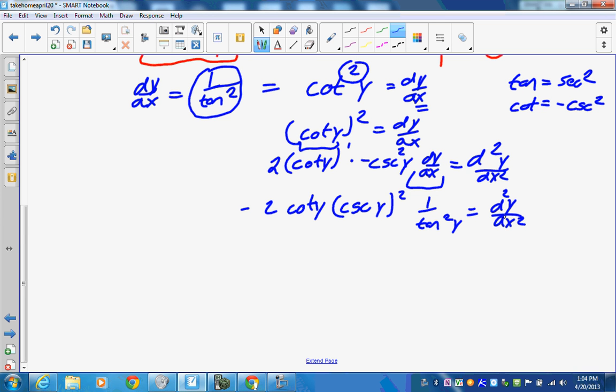Let's see. Cosecant is 1 over sine, so we have 1 over sine squared. Cotangent is cosine of y over sine. And 1 over tangent squared is cosine squared of y over sine squared.